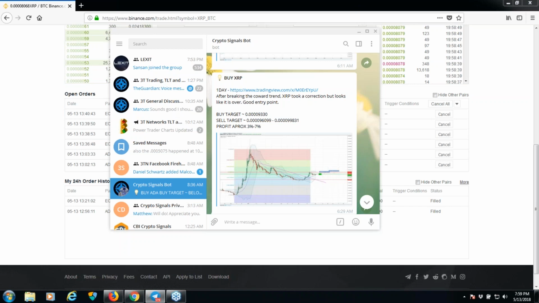This is on my cell phone, but I've loaded my Telegram group to my laptop, so you can see that. So we know the buy and sell targets for XRP, for Ripple: 93.30 and 96.09.